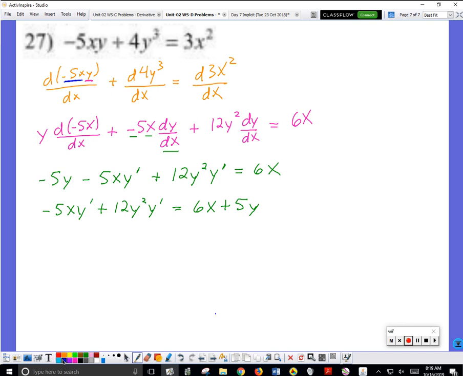Wait, I just kind of went back two steps. You're good. So like y d negative 5x over dx plus negative 5x dy dx. What did you do to get both of those? Right here? Both of the first and the second. Yeah. Oh, because I know they came from the same. So this right here became these two.